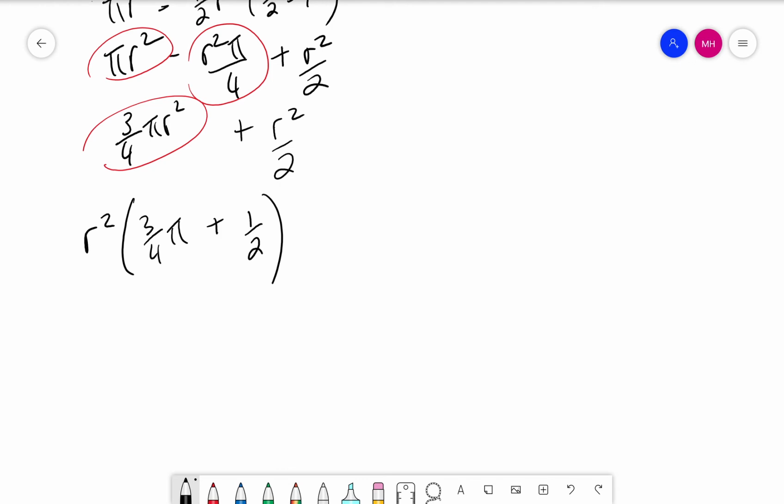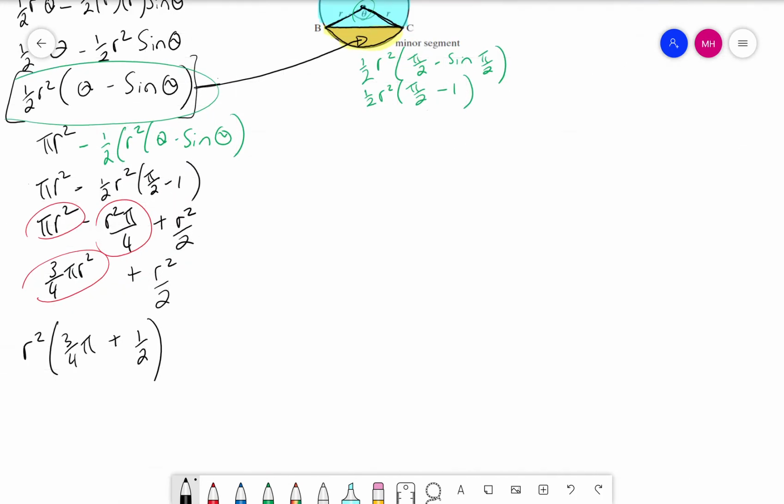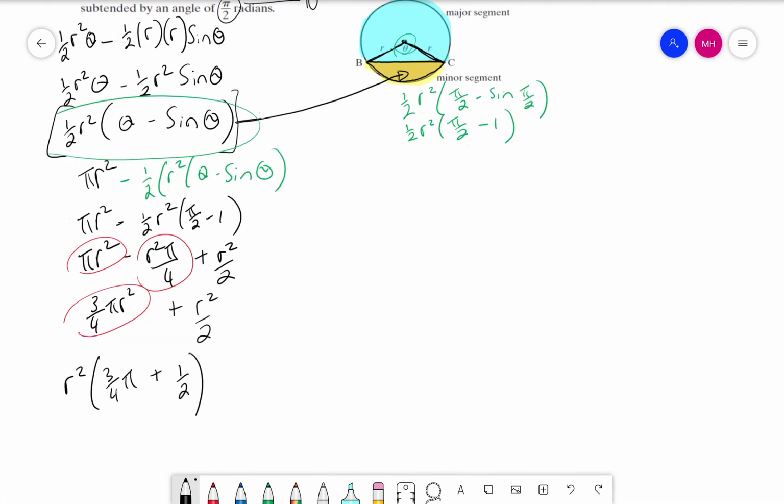So what is the ratio between that and the area of the minor segment? So we bring it back, we can look at the area of the minor segment, and when it's 90 degrees, that there was the area of the minor segment when it was 90 degrees. So that's what we have to compare. So the major to the minor.